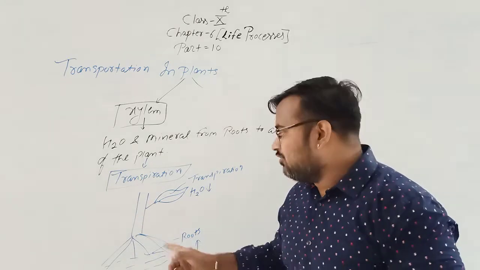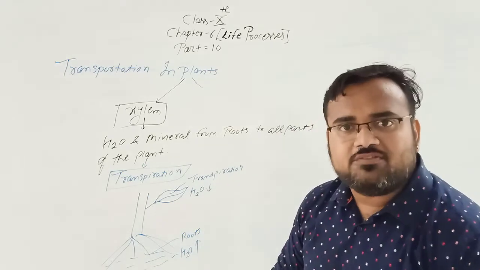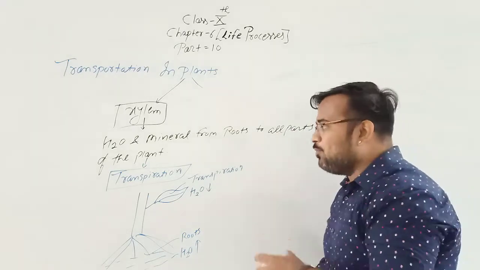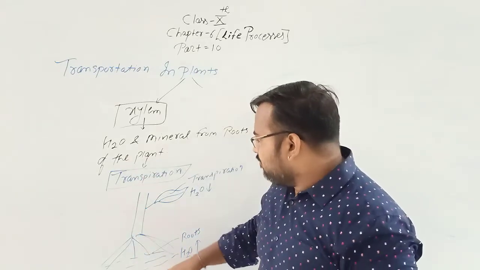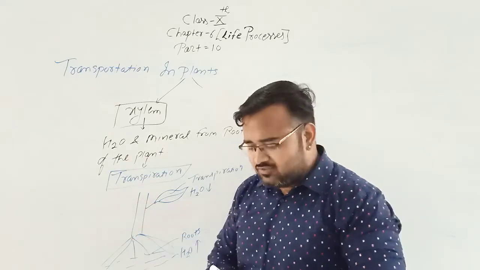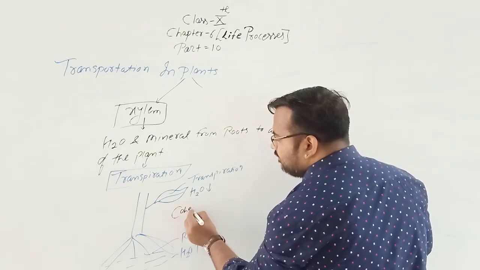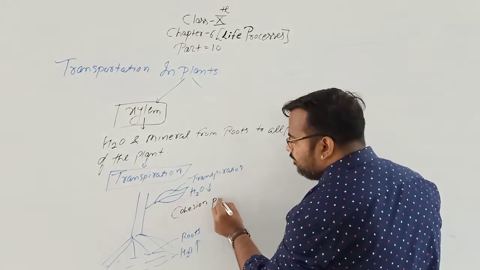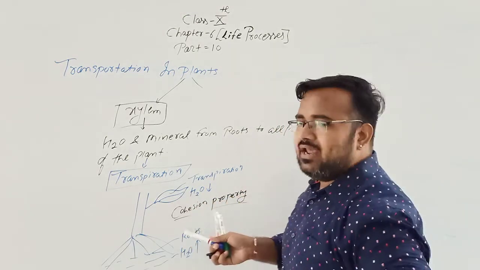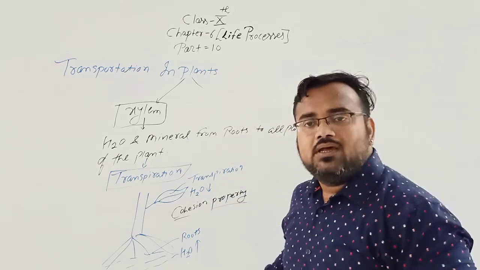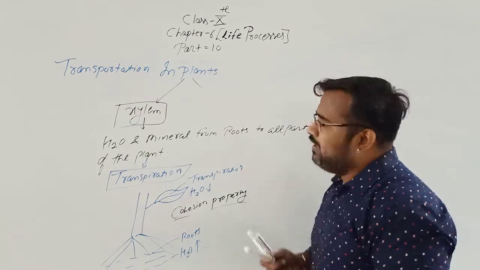That means water is transported from roots to all parts of the plant by the process of osmosis, and the property of absorbing water from roots to all parts of the plant is known as cohesion property. By which property is water supplied to all parts of the plant from the root? Cohesion property. Clear?